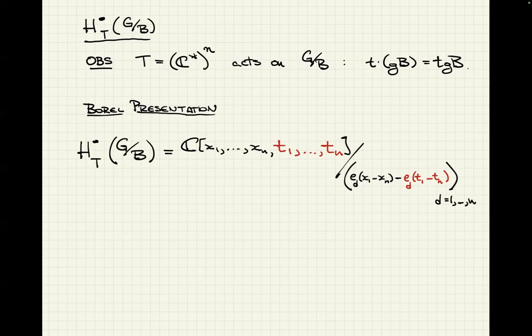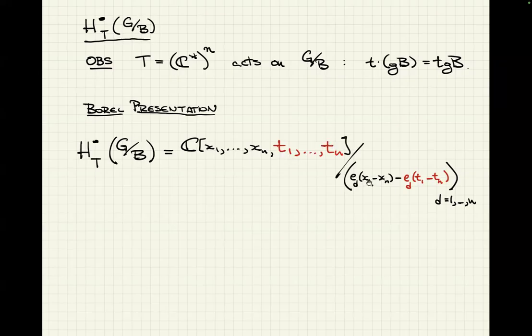This kind of presentation as a quotient ring is referred to as a Borel-style presentation. And we have a very nice answer here. We have a polynomial ring in the n x variables that we saw before, and now we have n new t variables coming from the torus action. These are called torus variables. Secretly, they correspond to certain Chern classes as well.